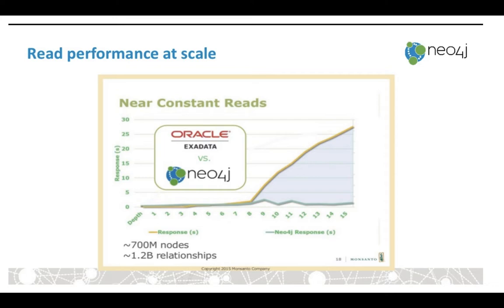So when we compare Oracle Exadata versus Neo4j, you can see when we increase the number of nodes and the relations, you see the hike in the Oracle Exadata, whereas the Neo4j is almost linear.